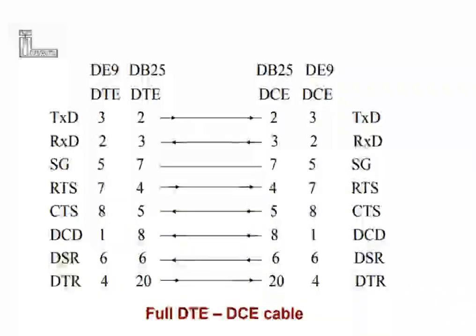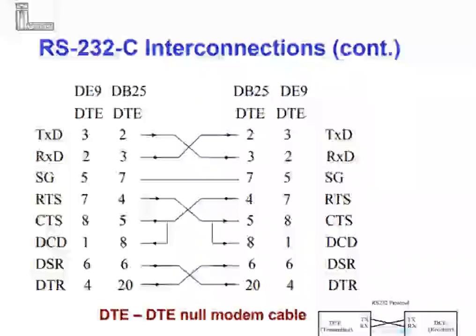You can see that on the screen. Now when you use DTE to DTE communication, you have to have the null modem cable. If you want to use all the wires with hardware handshaking, you can have the same connections, but most of the time, whatever you see on the rightmost corner down, you need only 3 wires for a null modem cable.